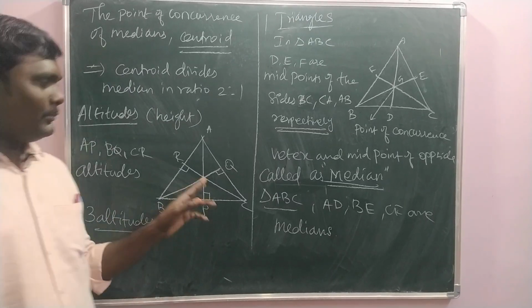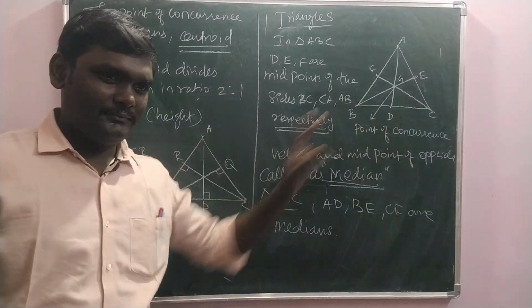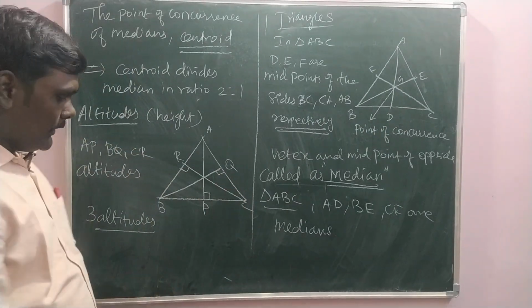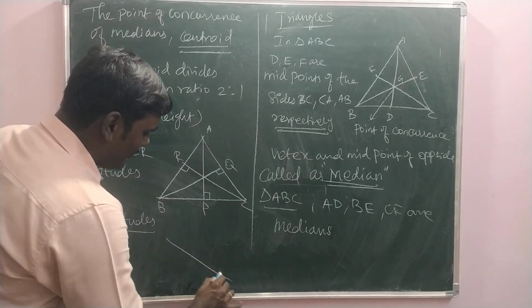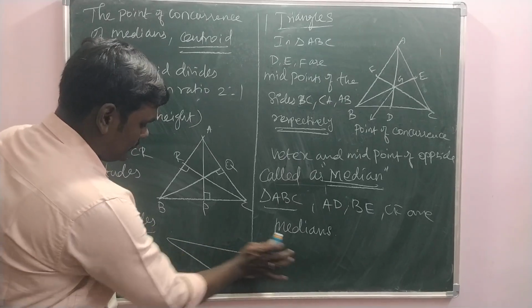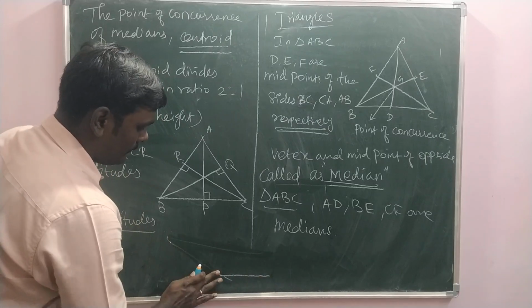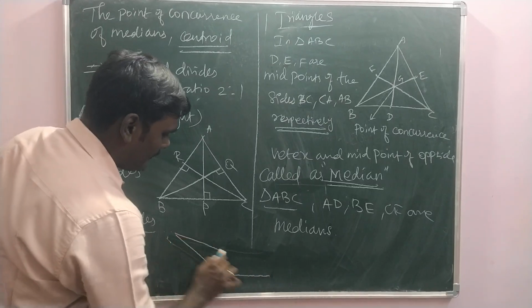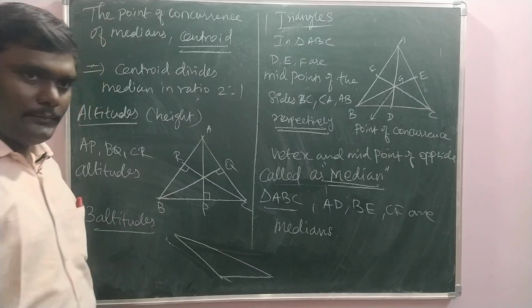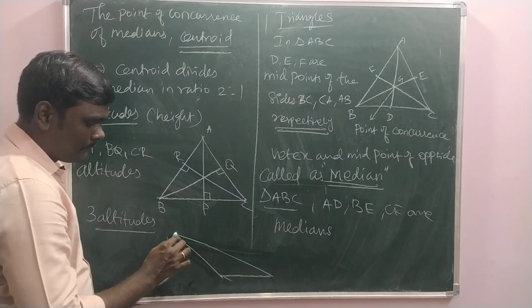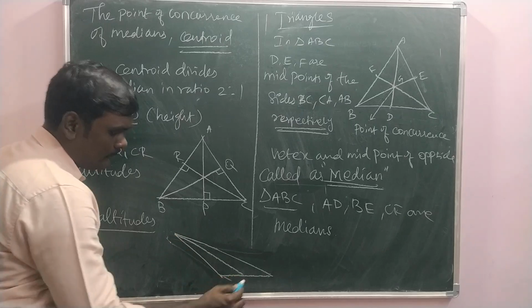You may have a doubt. Both look the same, is it? The only difference is this one. Because in some triangles, consider a triangle like this. Where will the midpoint of this side be?